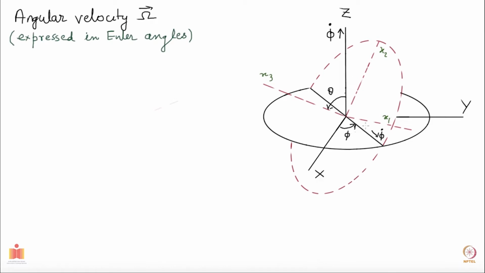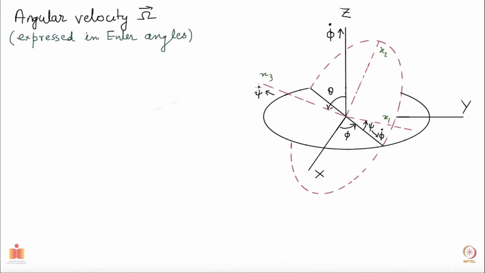And then your last one is by angle psi, and this is rotating about the x3 axis. So your psi dot will point along x3. So these are the angular velocities pointing along these directions. That's good.